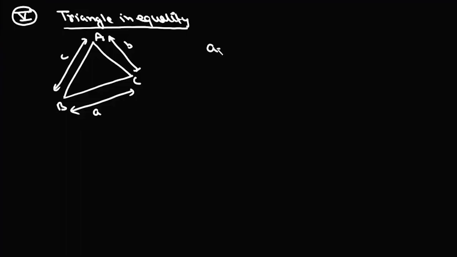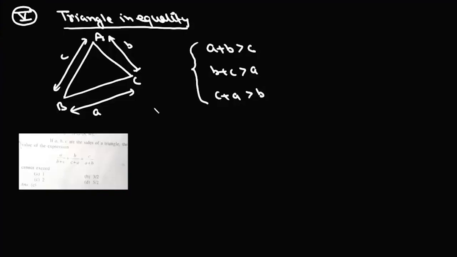That means we can write a plus b will always be greater than c, b plus c will always be greater than a, and c plus a is always greater than b. So if a, b, c are sides of a triangle, then they must follow this relationship. Now let us take one example.